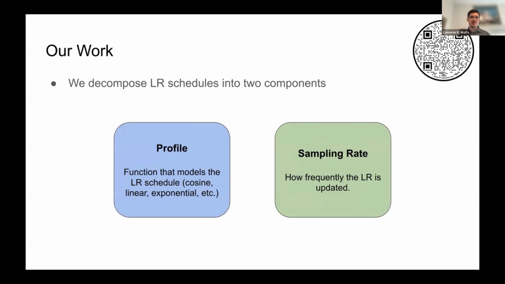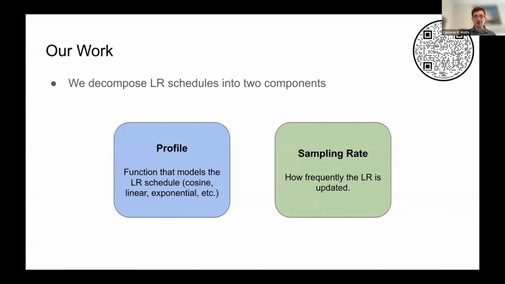A lot of people use the cosine function to decay the learning rate, but you could also use a linear function, or exponential. Step schedules actually follow an exponential function. But you choose your profile, and that's the function or the shape according to which you anneal your learning rate. And then the other component would be the sampling rate, which simply tells you how frequently you want to update your learning rate.